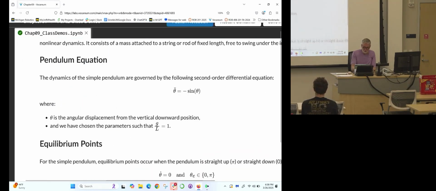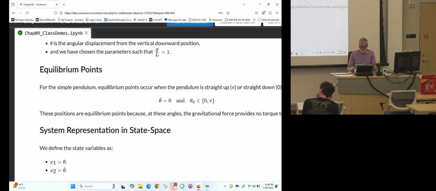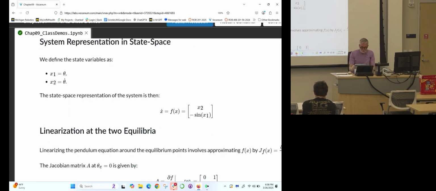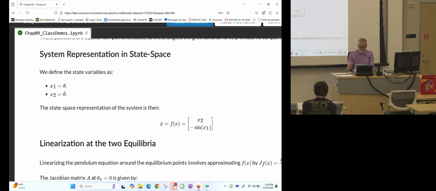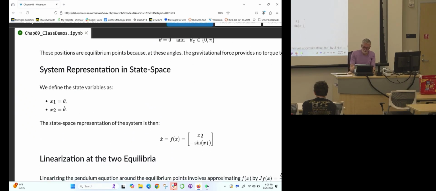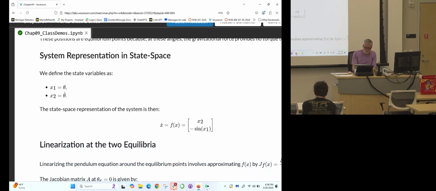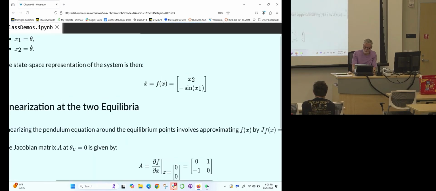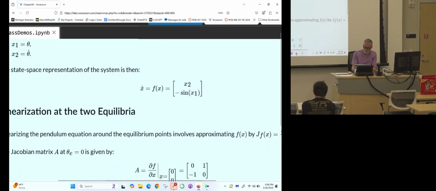So here's the pendulum. Its equilibrium, as we just went through, has the velocity at 0, and the angle can be down. I didn't put the plus minus on here. We turn the second order differential equation into first order form. There's the nonlinear pendulum, we've seen it a few times now.